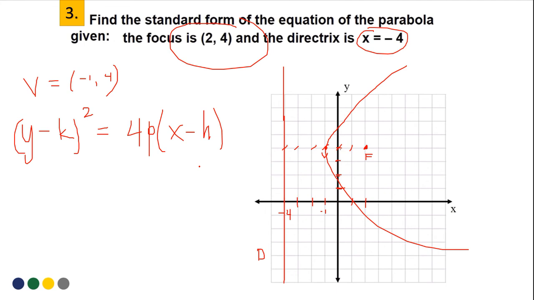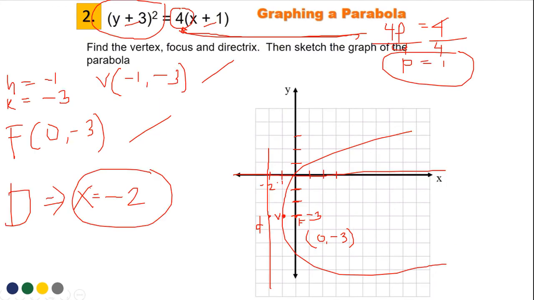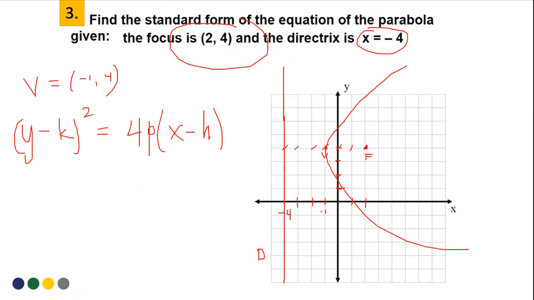Ngayon naman, sir, paano namin kukunin yung 4P? Paano natin kinuha yung mga 4P, guys? Kanina, ano yung binibilang natin? Distance from vertex to what? Dalawa ang sagot. Focus.